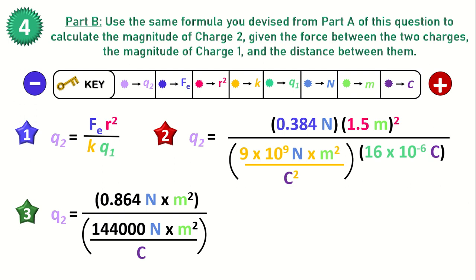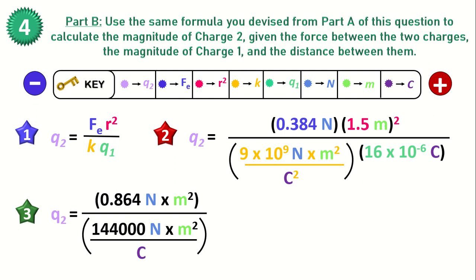So that would be a single Coulomb raised to the negative 1 power, and that's the same thing as 1 over Coulomb. So we will replace that in the denominator of this fraction. So now we'll have 1 over Coulomb in the denominator.